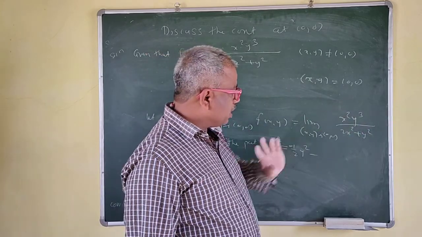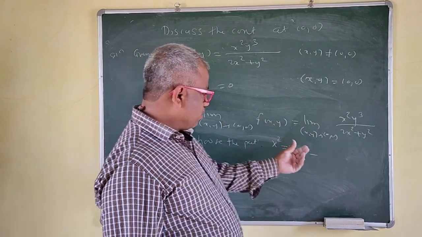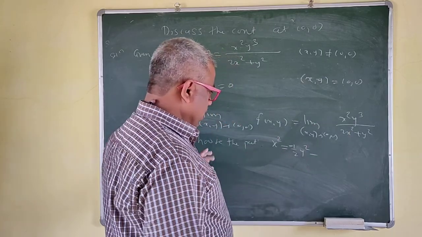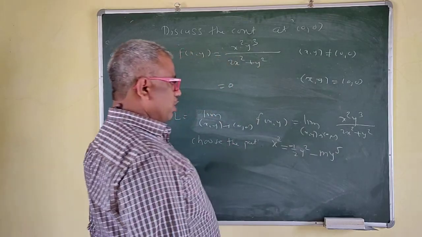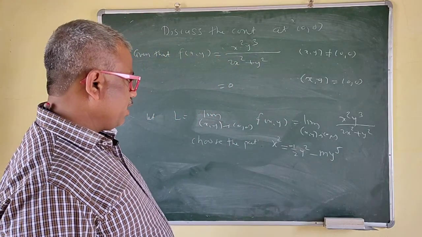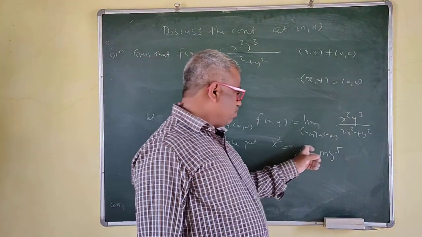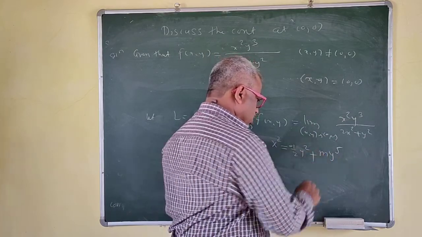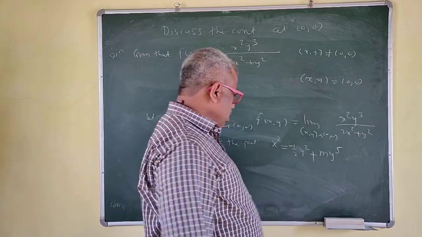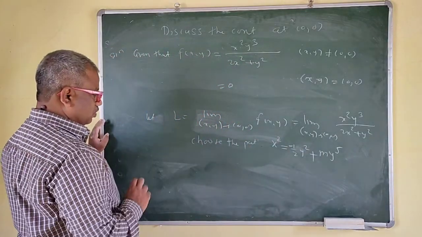And we want that power to get cancelled, so we write m y to the power 5 now. So if you put here, y cube, y to the power 5 will be there. Your denominator will be what? We write here plus y to the power 5. Right? So we'll try this one.